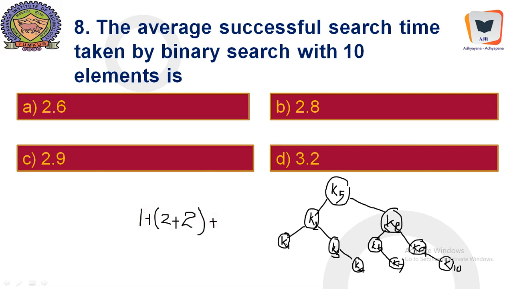Then here 3 comparisons: 1, 2, 3, 4. So 3 plus 3 plus 3 plus 3, that is 4 into 3, that is 12 comparisons.